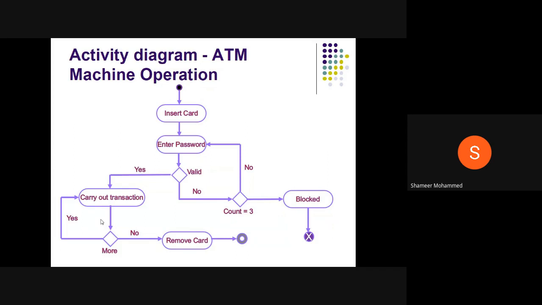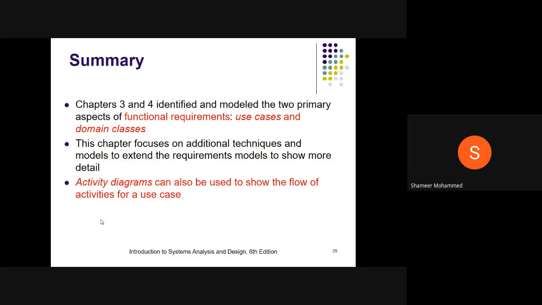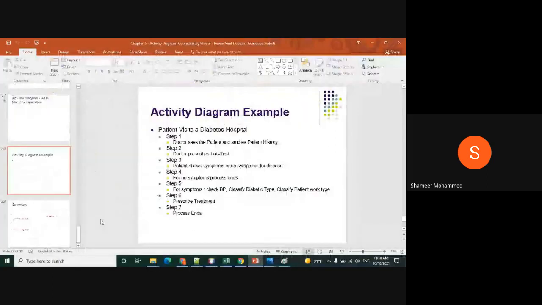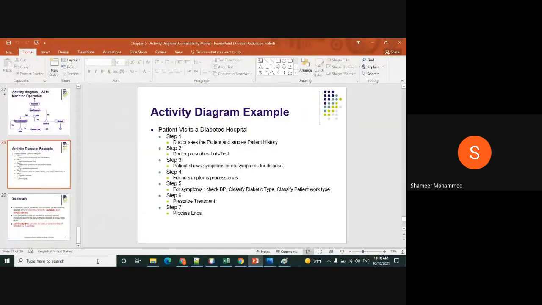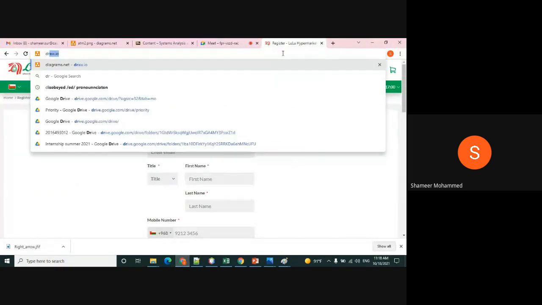Swim lanes you have to draw. Another example is given here for this patient goes to the hospital for diabetes. So you can try this one, but I will show you in the draw.io what you have to do. You can try that and you can come in the next class.